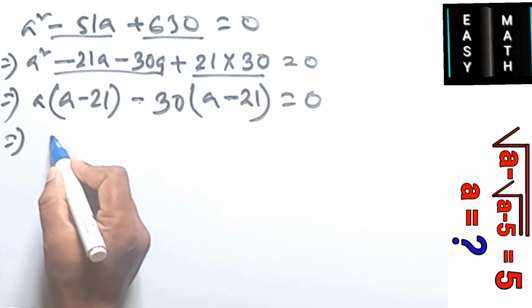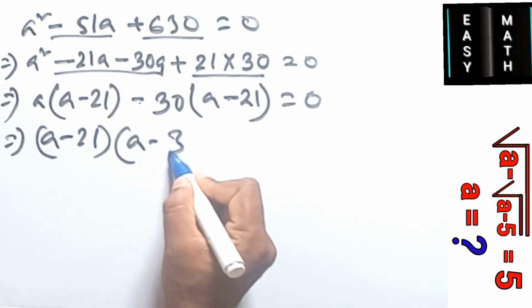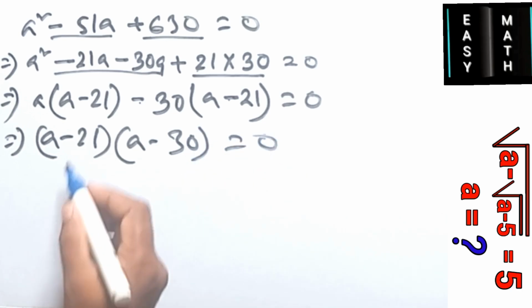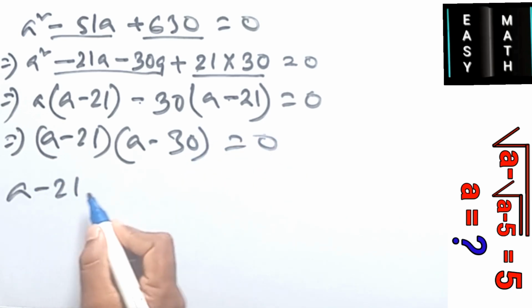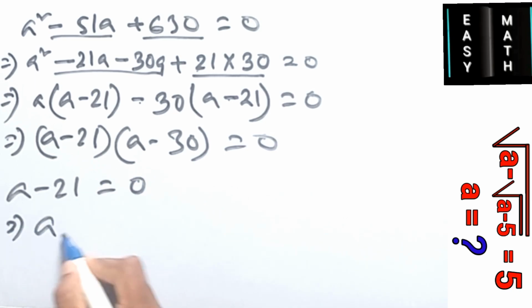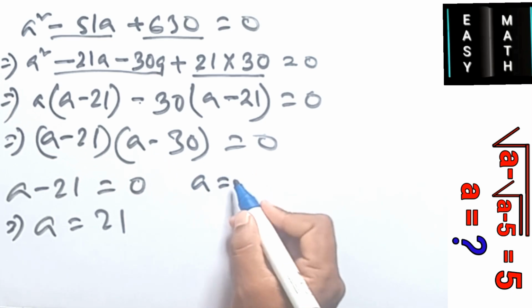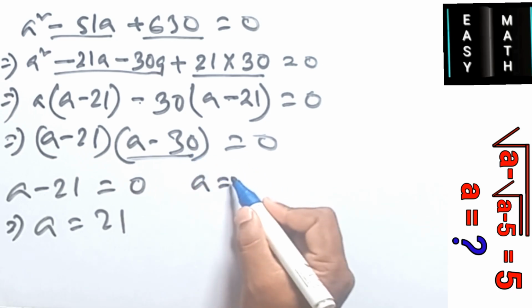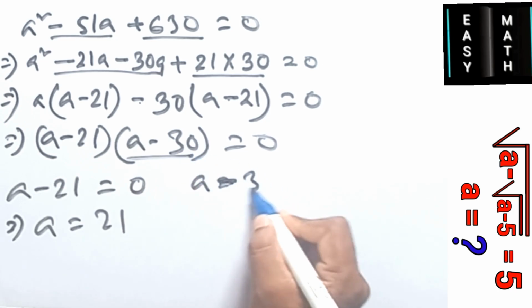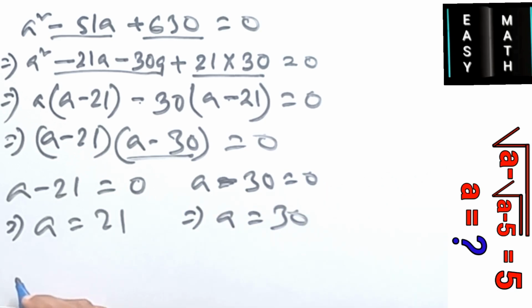Now there is a minus 21 equals 0, so a value is 21, and a minus 30 equals 0, so a value is 30.